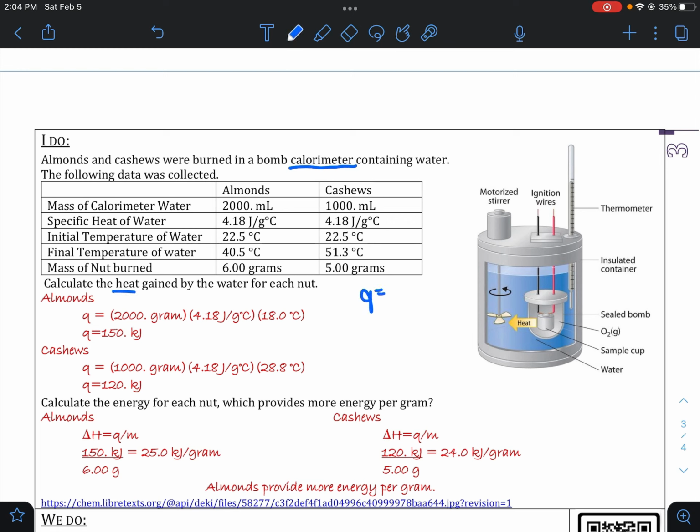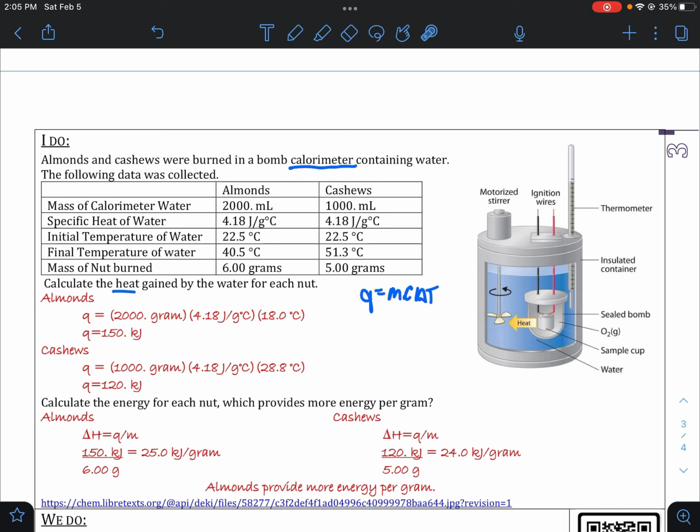And again, Q equals MC delta T. So we're just basically repeating that for both of these. We have 2,000 grams for the almonds, and we have the specific heat capacity, and we have the change in temperature.